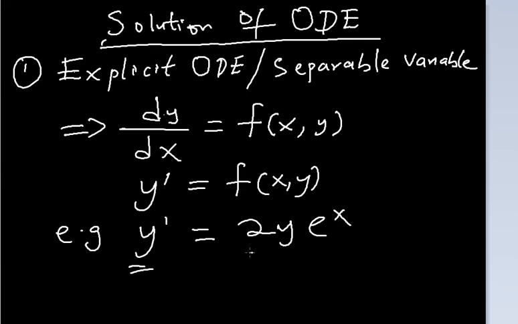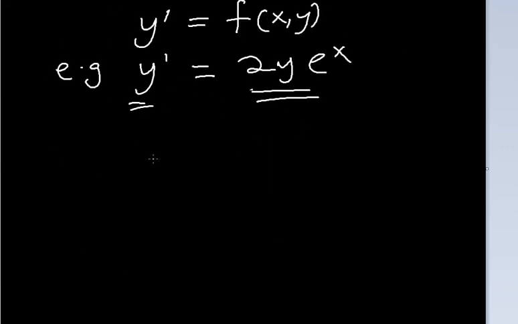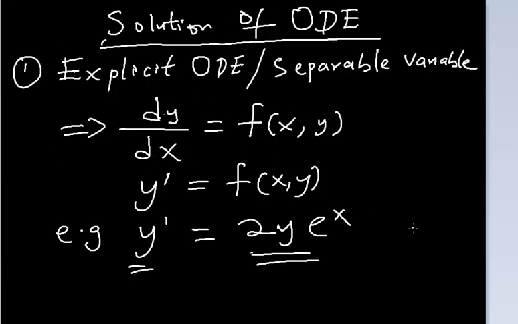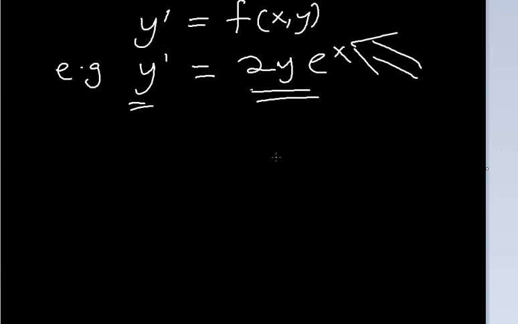This is a separable, explicit ODE, and the solution to this is much easier. You can just solve this ODE by separating variables, which is where we are going to start. So we are going to start with the explicit ODE.